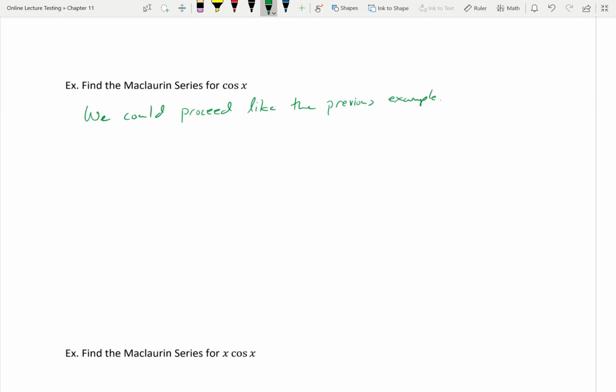It's easier just to use derivatives. So we're going to apply Theorem 11.9.